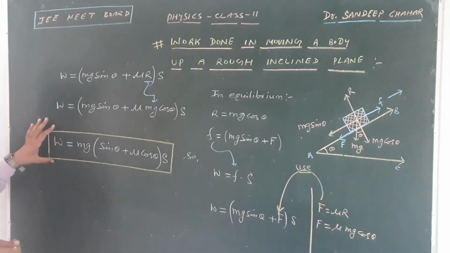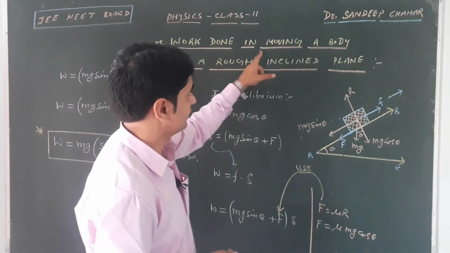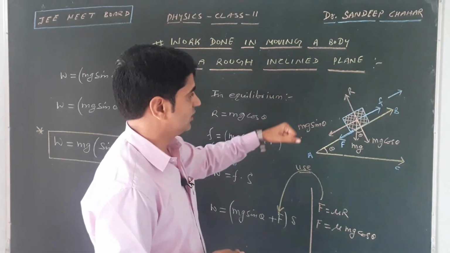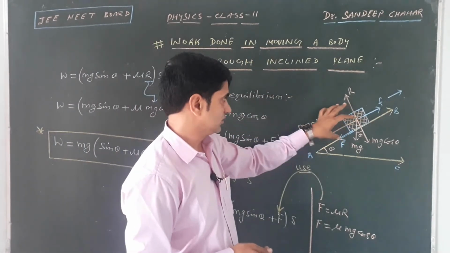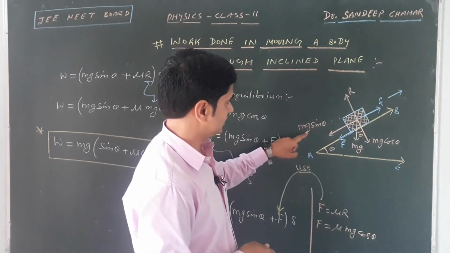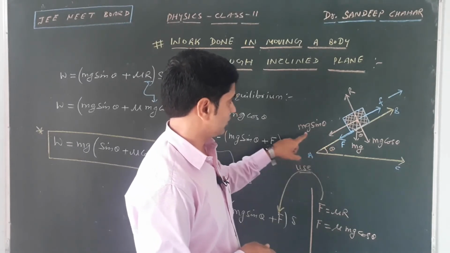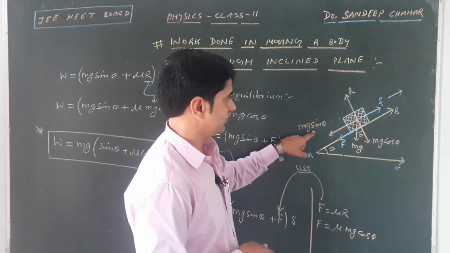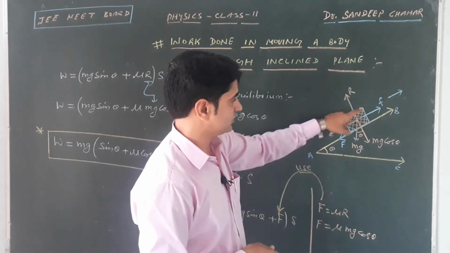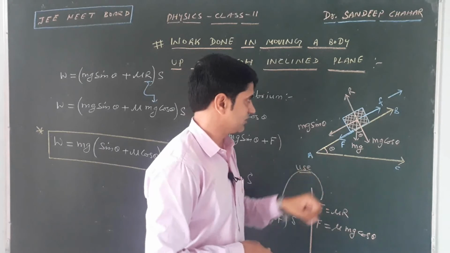From here we find that when the body moves upward on the inclined plane, the work is done not only against the force of friction, but also against the component of the weight, mg sin theta. So the least value of the applied force has these two components.